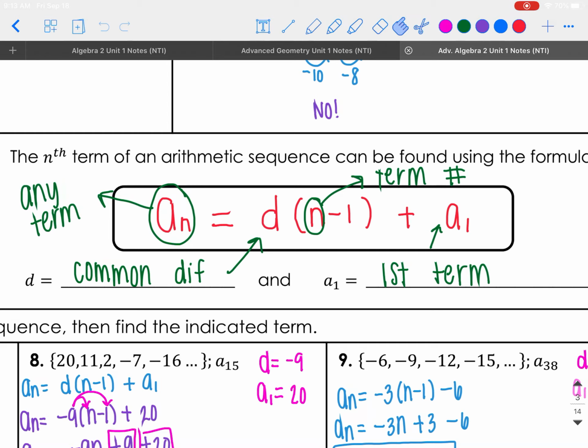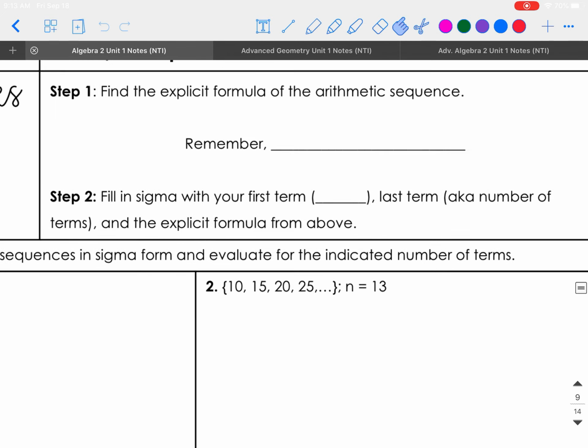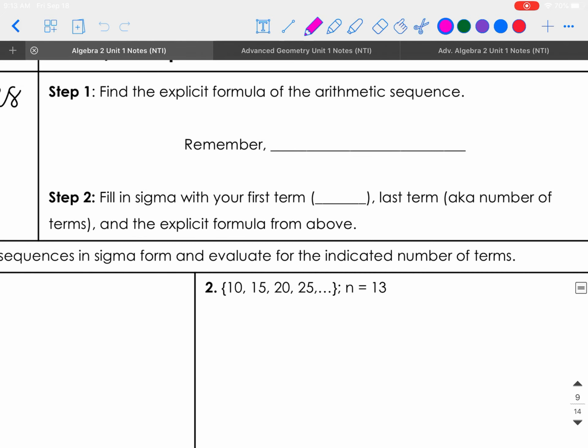So that n represents which term it is. Is it the 7th term, the 20th term, the 5,000th term? That's what n is. That d is your common difference, and A sub 1 is your first term. So we're going to go back to our notes and rewrite this formula just so we have it handy.